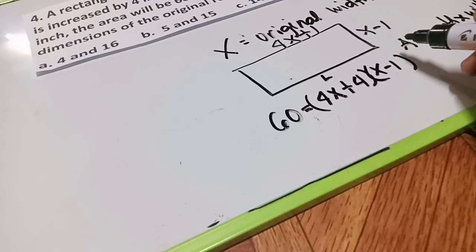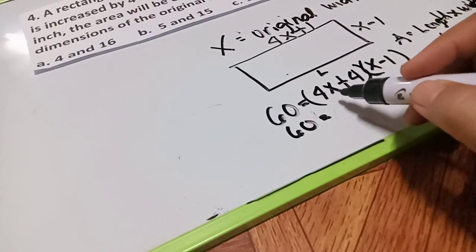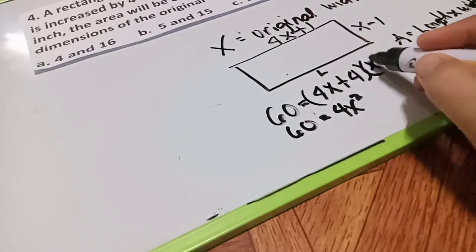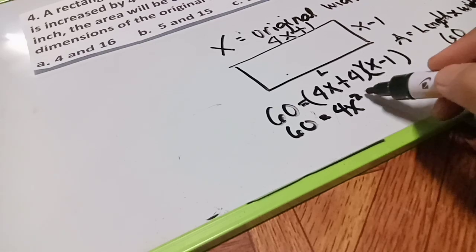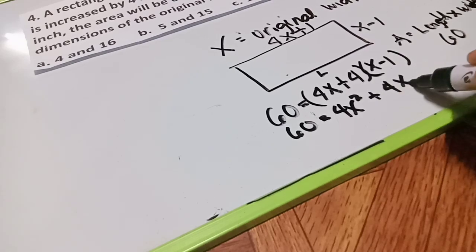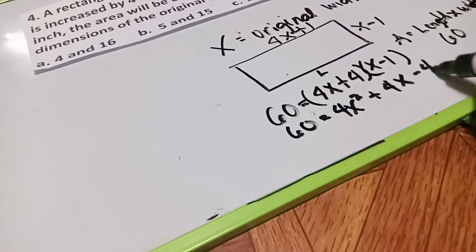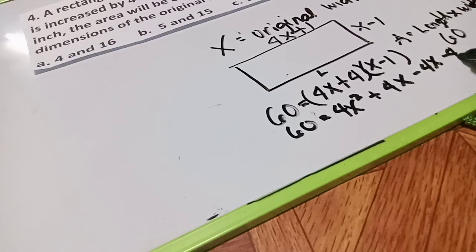So let's try to present it as 4x squared. We multiply 4 times 4x, which will be 4x squared. This will become a positive 4x, right? And then after that, we have minus 4x, and 4 times negative 1 will become negative 4.